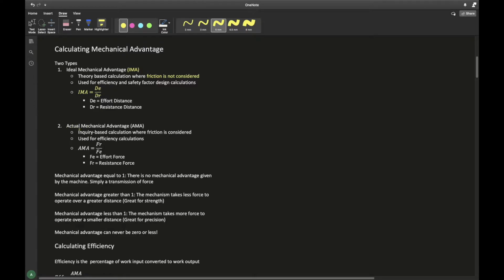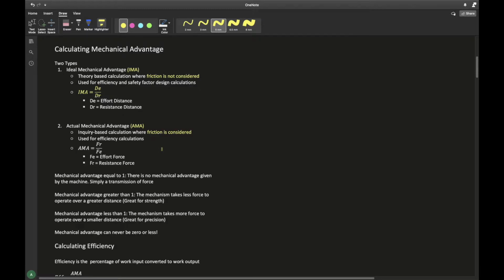The second type of mechanical advantage is the actual mechanical advantage, or the AMA. And this is an inquiry-based calculation where friction is considered. So that's the big difference between the two. IMA doesn't consider friction, where AMA does consider friction. And so this is going to be lower. AMA is always going to be lower than the IMA. So we use this primarily to get our efficiency calculations.